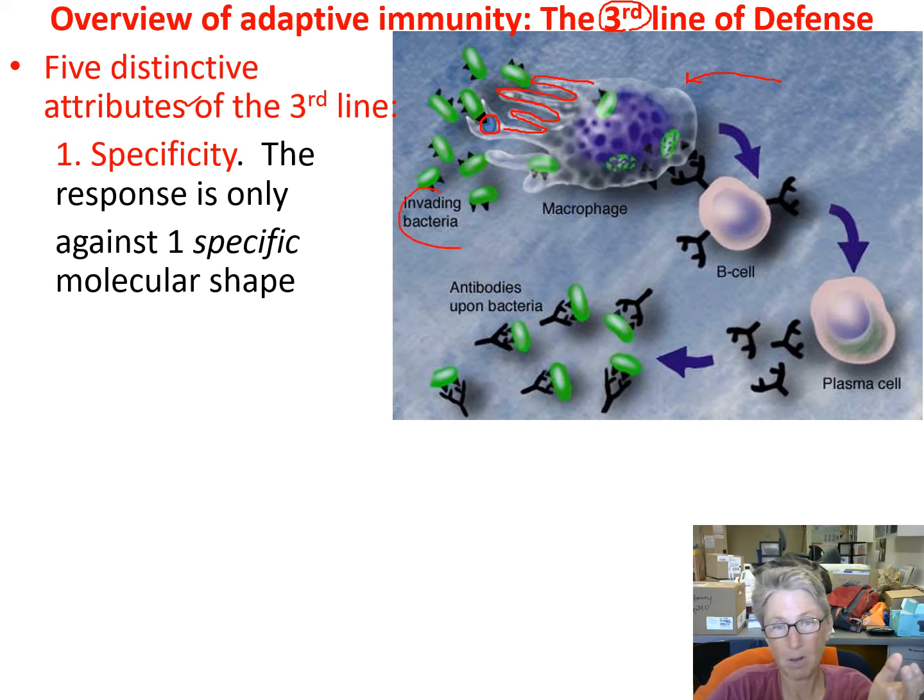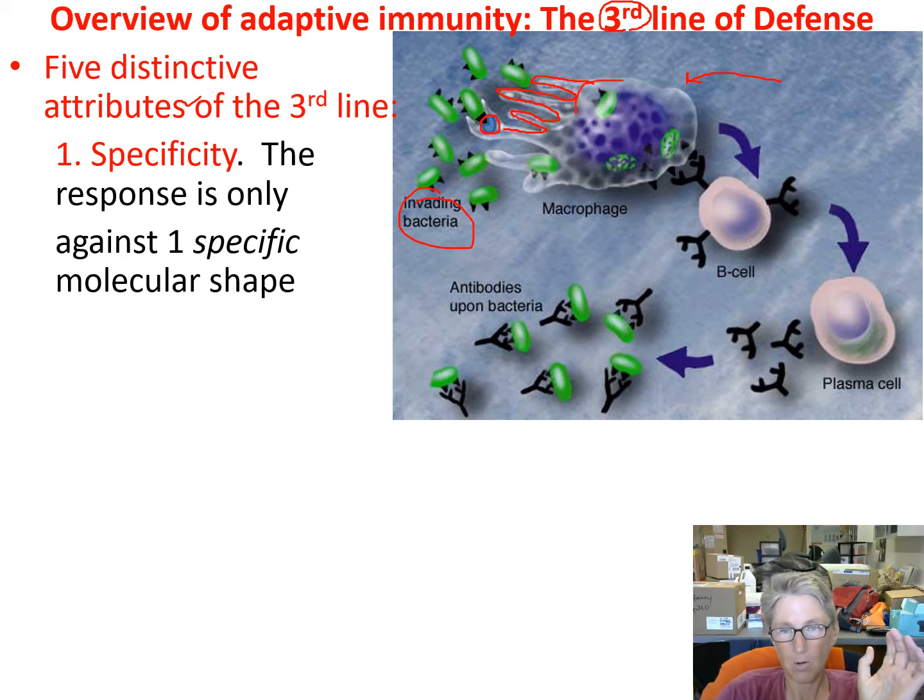So here's the invading bacteria. Or it could be recognizing something more specific. But in this cartoon, the macrophage recognizes the invading bacteria with its Toll-like receptor, seeing the PAMPs on the bacteria. Then the macrophage ingests the bacteria.